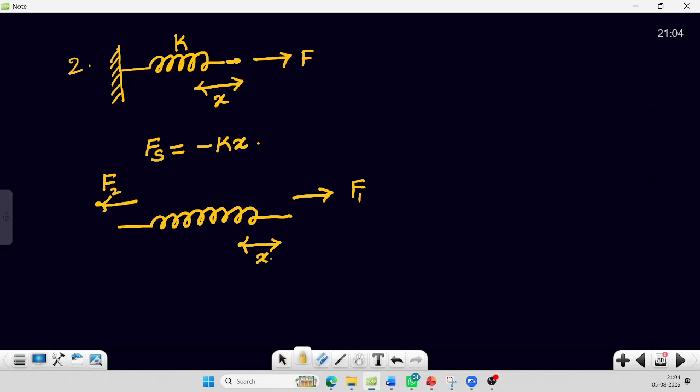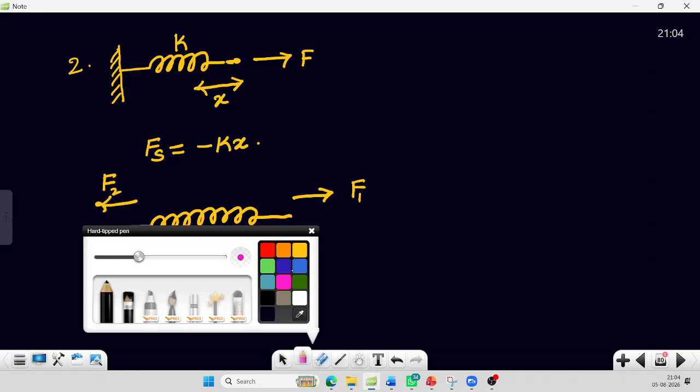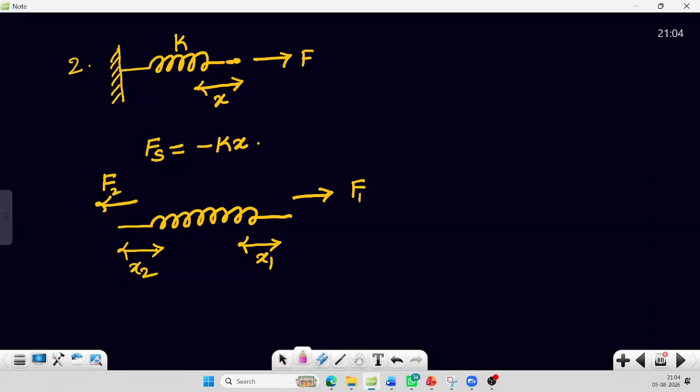In this direction we have elongation x1, and in this direction elongation x2. Now tell me the spring force here. It will be equal to minus k into the total elongation, which is x1 plus x2.